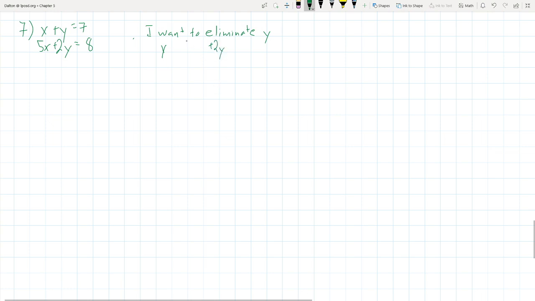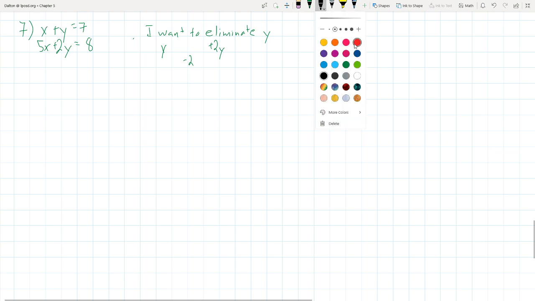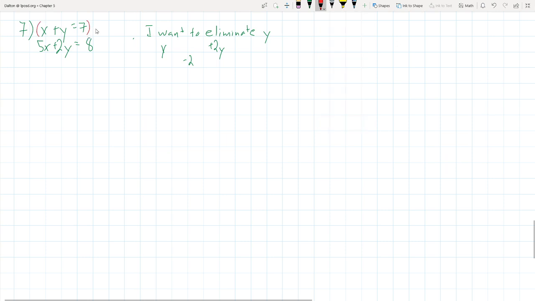The way that I eliminate those is I need them to be opposites of each other. So the opposite of 2 is negative 2. So what I wind up doing is I multiply this entire top, and maybe let me do this in a different color. That way you can see that happening. I multiply this entire top by negative 2.